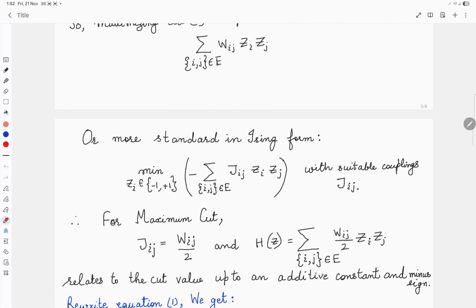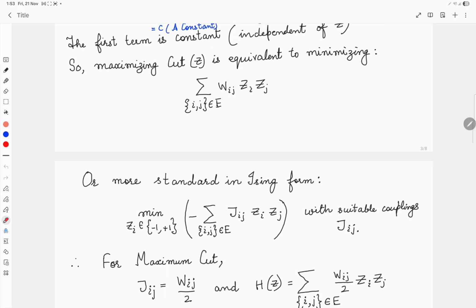Or more standard in Ising form is that we have to minimize this expression, minus Jij. This term, we are getting it directly from the classical Ising model, right? With suitable couplings. So Jij is the coupling that I have already explained in one of the videos.